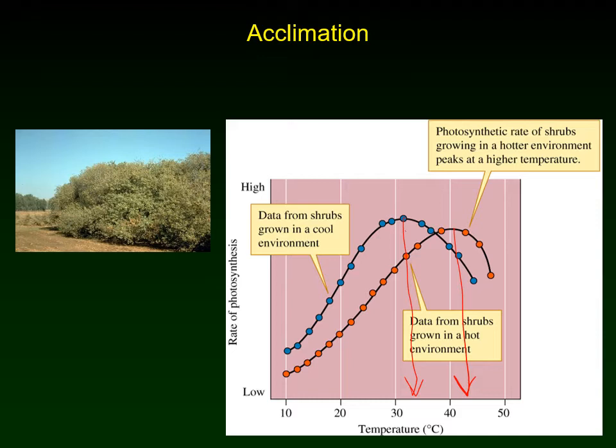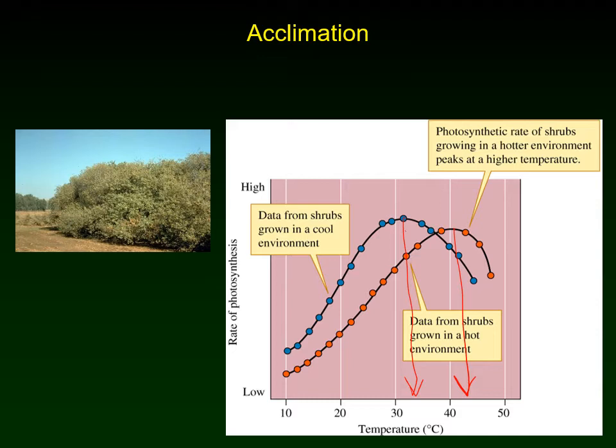So this is a physiological adjustment, and so we know that individuals can acclimate to different temperatures and adjust their physiological responses. So the enzymes that were working at one temperature are different than the enzymes that are working at different temperatures. So this means that plants and animals can acclimate to the changes in temperatures with the seasons.